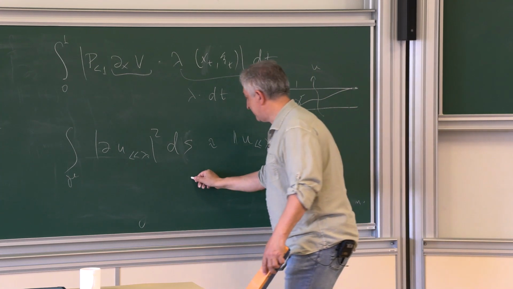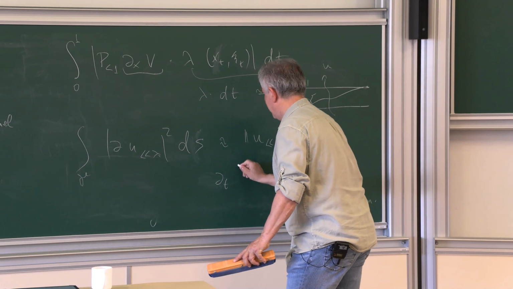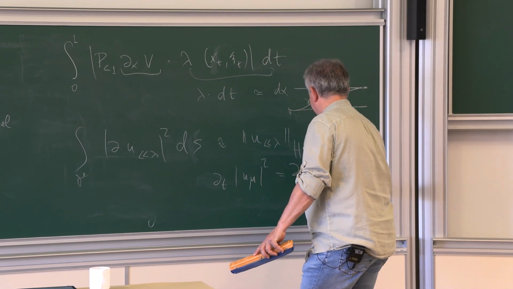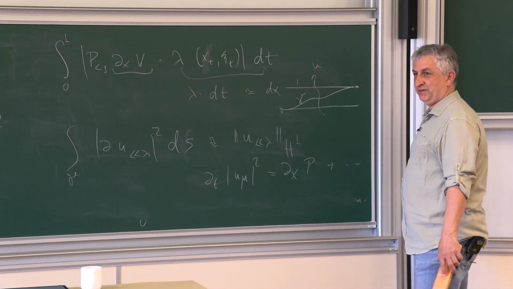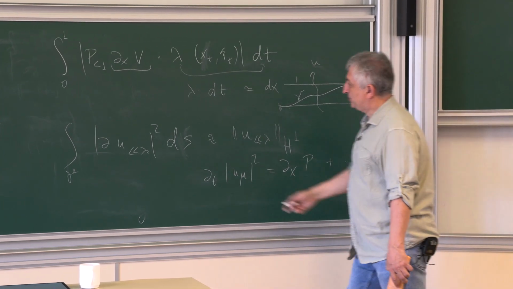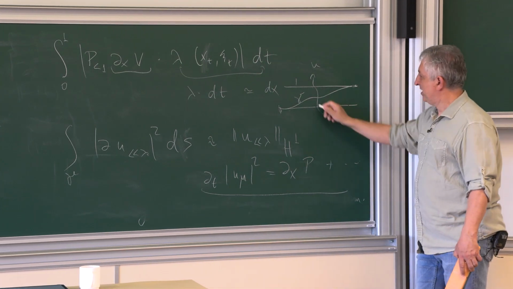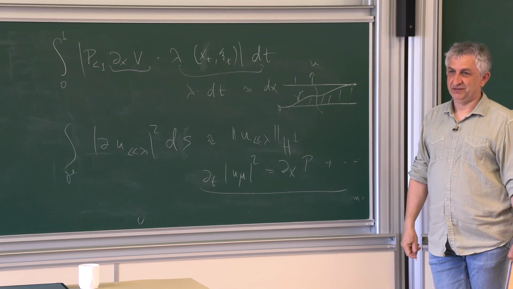So for instance, we know that if we look at the time derivative of, let's say, U mu square, this is the x derivative of some momentum plus some source term. And so in order to estimate this, all I have to do is to take my density flux relation and integrate it in a domain like this.